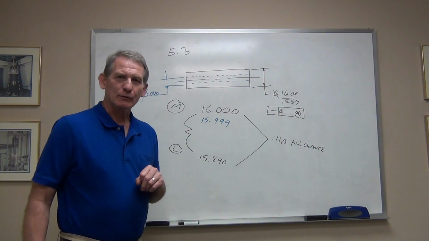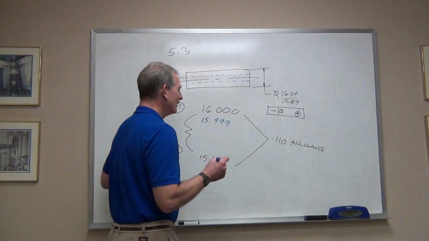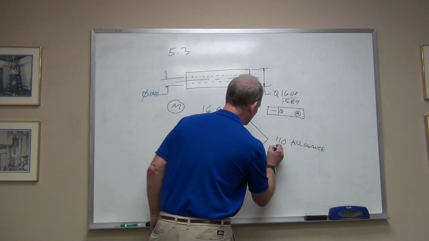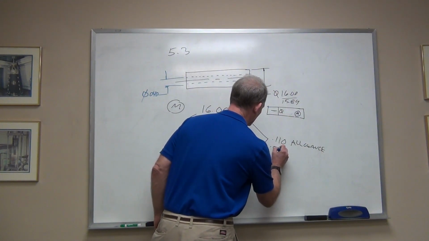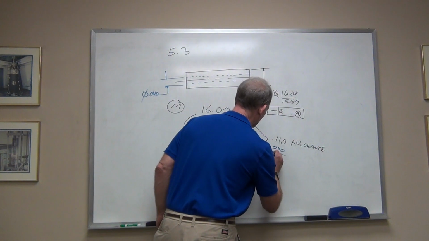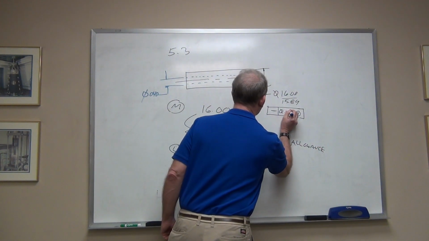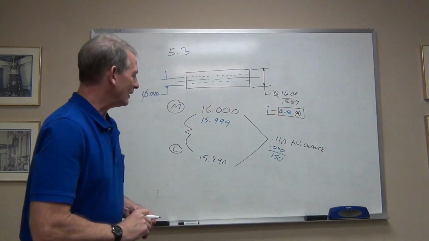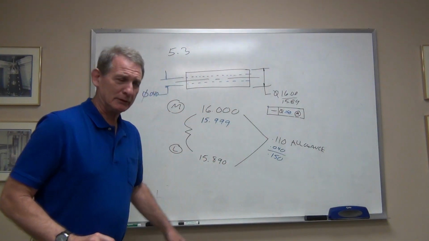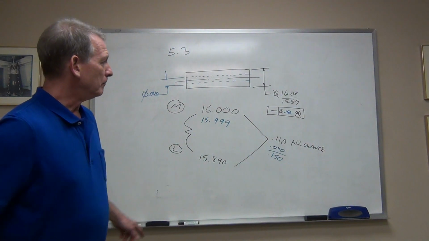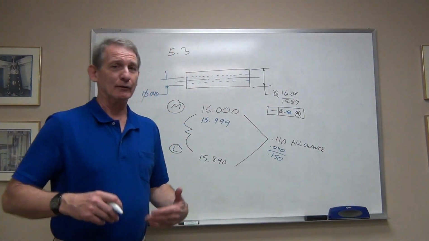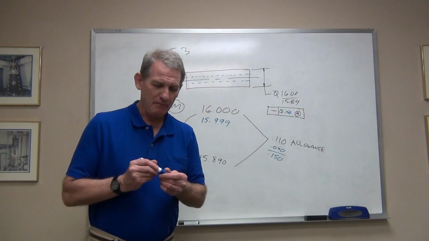How big can that tolerance zone get? It becomes the allowance plus the original amount. So in other words, if that shaft is at its least material condition, the tolerance zone becomes 150 thousandths.